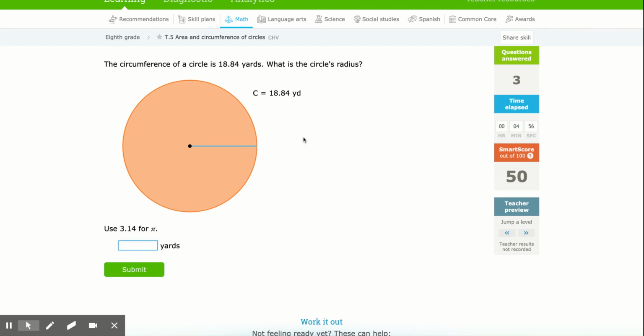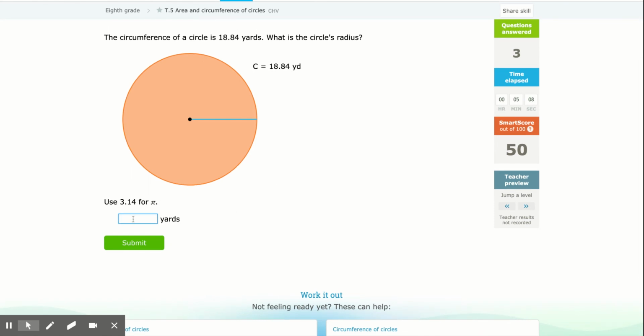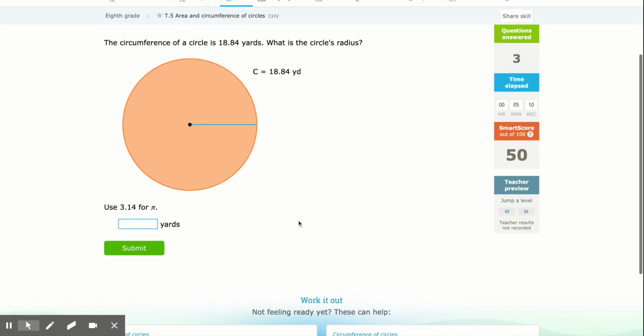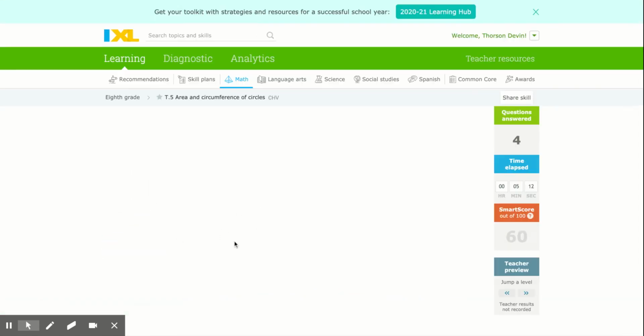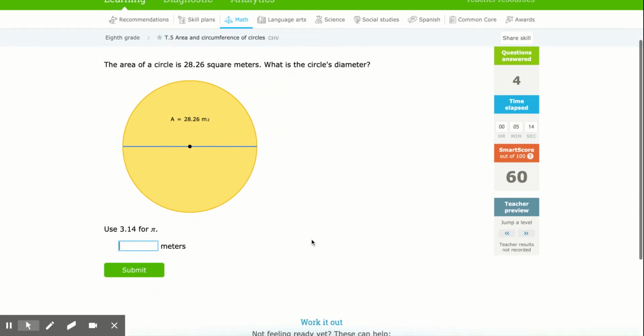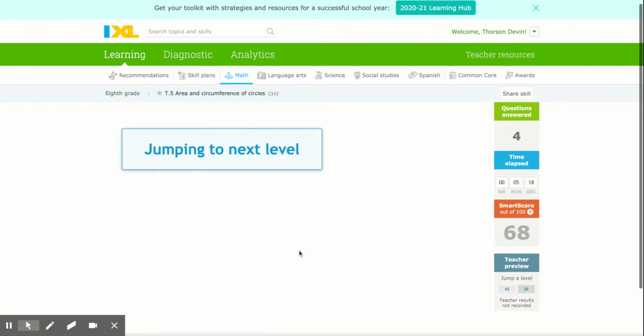So I take the 18.84. I like to divide by 2 first, then I divide by 3.14. And again, I'm just using the calculator, and I find out that the radius is 3. So working backwards, just be careful as you do that. Working backwards, you shouldn't have any problems.